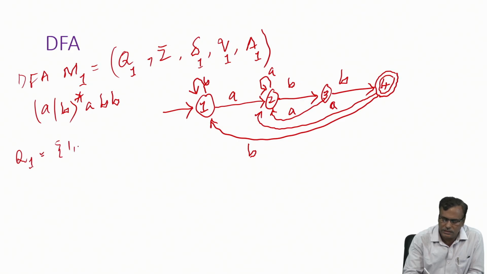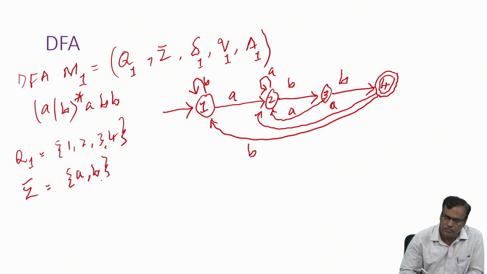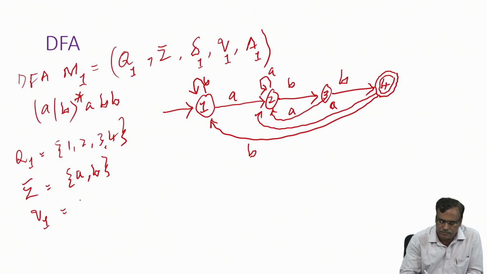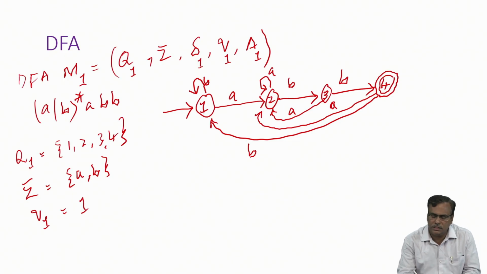You have 4 states, 1, 2, 3, 4. Sigma is same, A, B. I will come to this transition function later. And here Q1 is what? 1 itself, that is the start state.